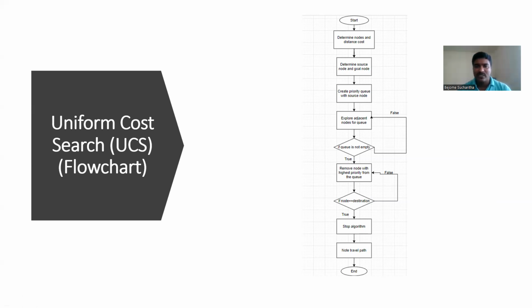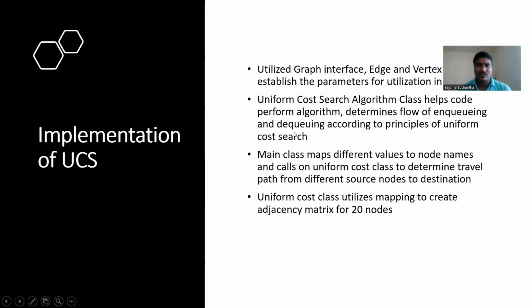Then if a node's distance is the shortest, it will go to the next one, and this is the stop. Then we will get the final output. Now, this is the flowchart for the uniform cost search.